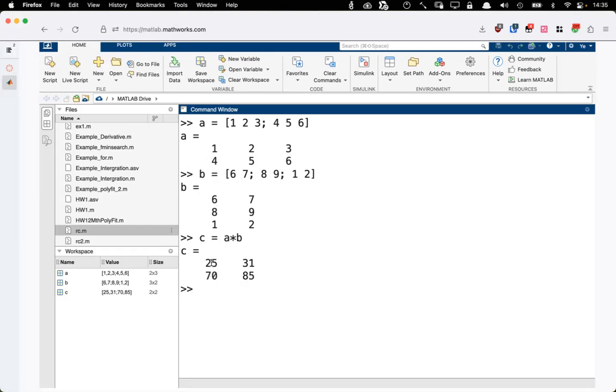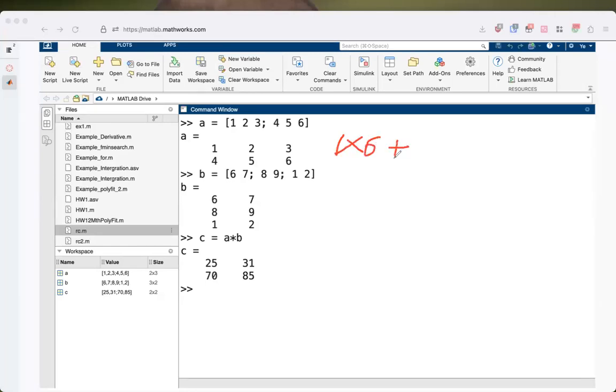So we can see C11 is row 1 times column 1 in B. So that's 1 times 6 plus 2 times 8 plus 3 times 1, right?